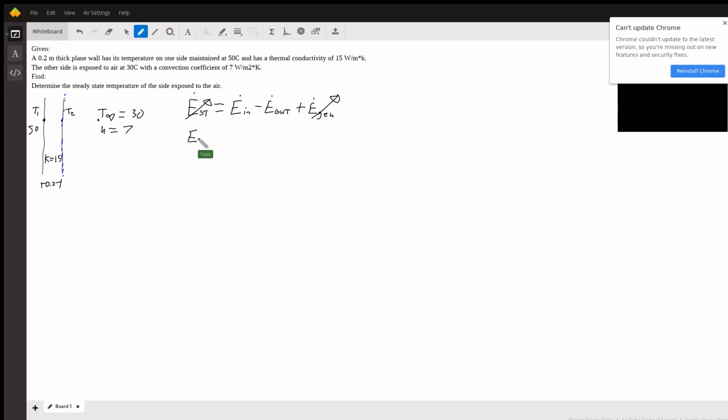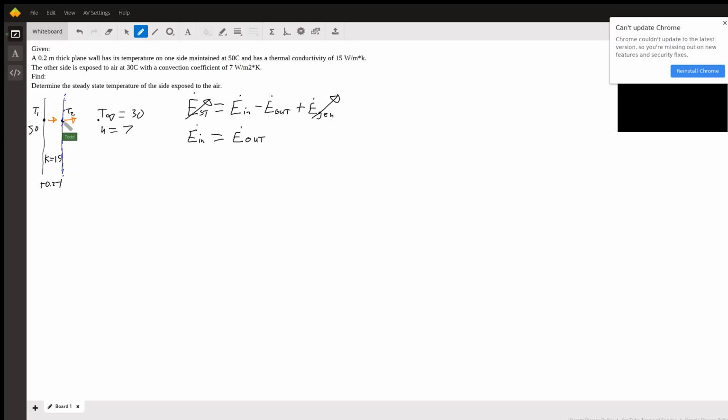So we get that the rate of energy in is going to equal the rate of energy out. So the question then becomes, how is energy coming in? How is it coming out? Well, since T1 is greater than T infinity, we assume that heat is going to be transferring in this direction.